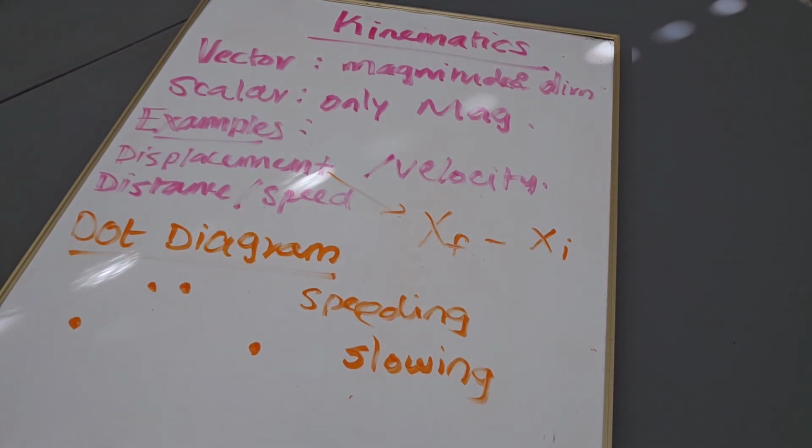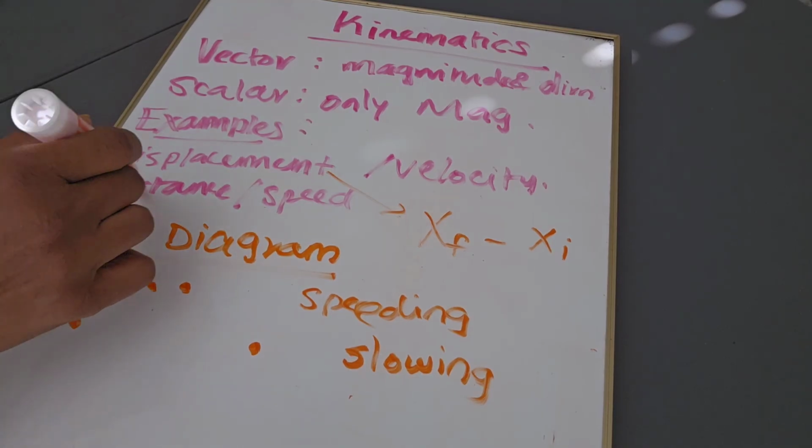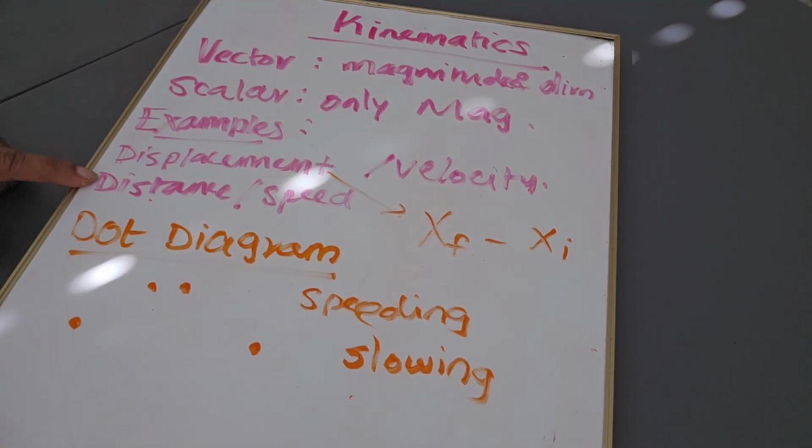So if you start at a point and come back to the same point, though you covered like 1,000 steps, your displacement is still zero because both the initial and final positions are zero. However, your answer for distance for the same problem would be 1,000 steps. So keep in mind, we always use absolute values for distance and speed because we don't consider direction, so we don't put any negatives on it.